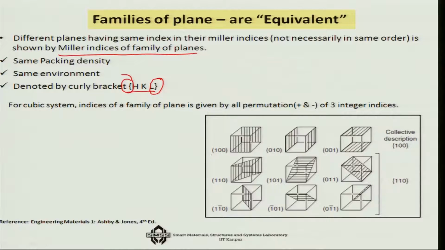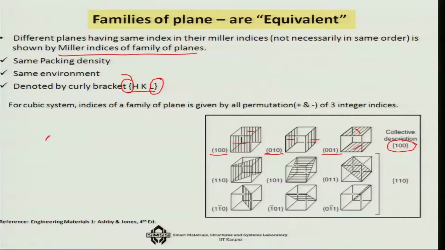Then the first edge, as has been shown, is 1 0 0, then these are 0 1 0, these are 0 0 1. Now, if I want to put all these edges, these vertical edges, together collectively, I can call them the family of 1 0 0, meaning thereby that you can have all the permutations and combinations inside.